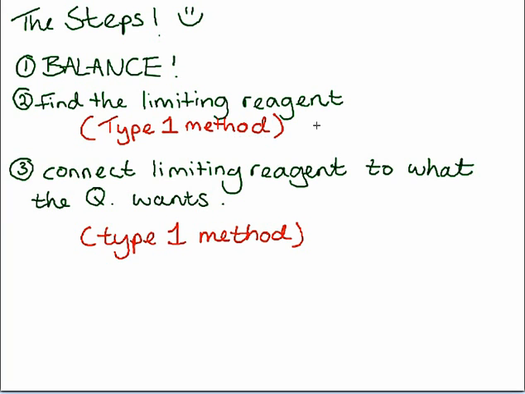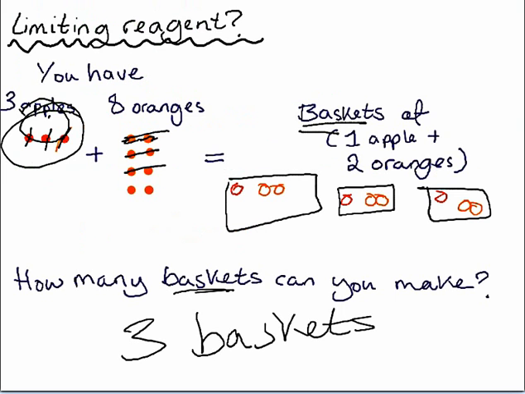And now once we have the limiting reagent, we need to do the connection between the limiting reagent and what the question wants from us. Like the apples and the oranges. Once we found out that the apples were the limiting reagent, we did 3 times 1, because there's only one apple.